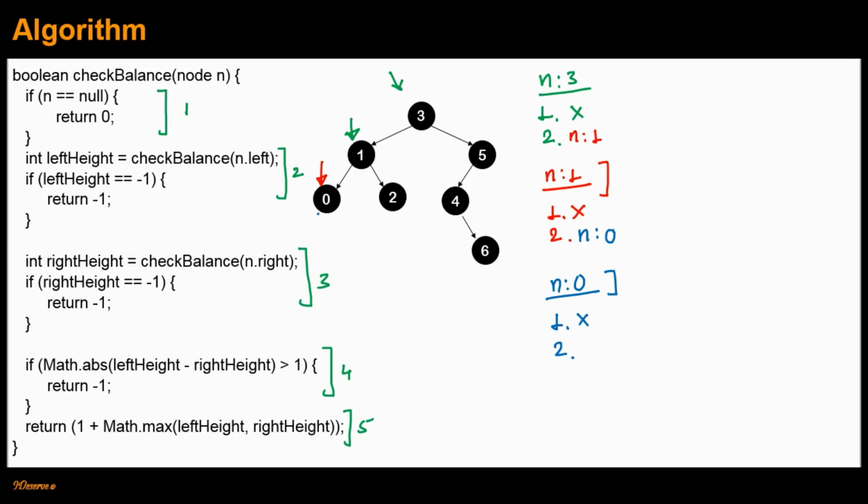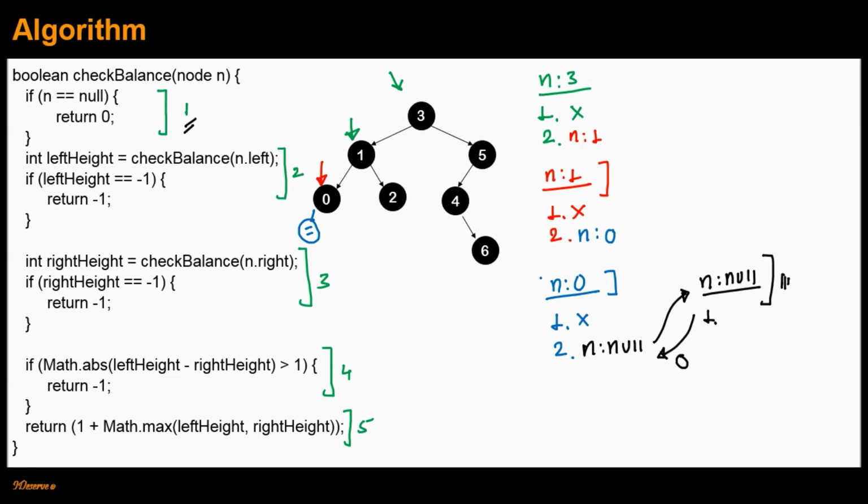In this case, the left subtree would be a null tree, right? So in this call sequence where the current node n is null, the first step, which is the base case, comes into play. Note that in the first step, we check if n is null. If it is null, we return 0. So this particular call sequence returns 0 here.